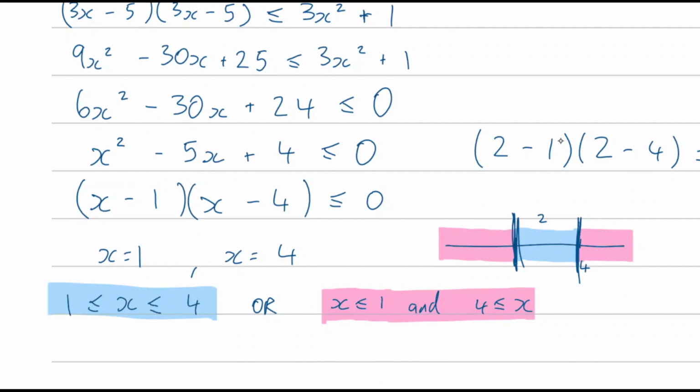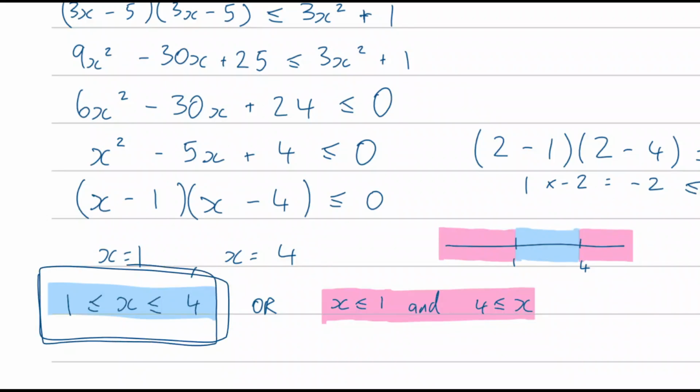So let's check. 2 minus 1 is 1, times 2 minus 4, that's times negative 2, which is negative 2, which is less than or equal to 0. So that tells me our value for x must be this blue one. It must be between 1 and 4, and it's not the one that's outside of that range.